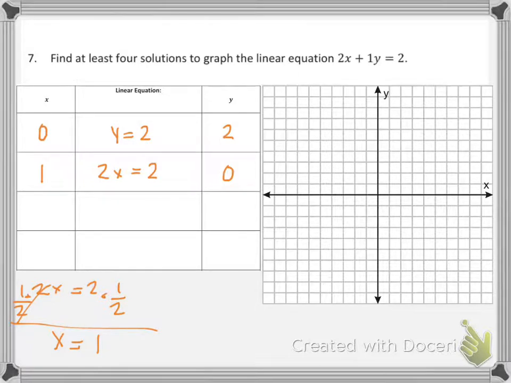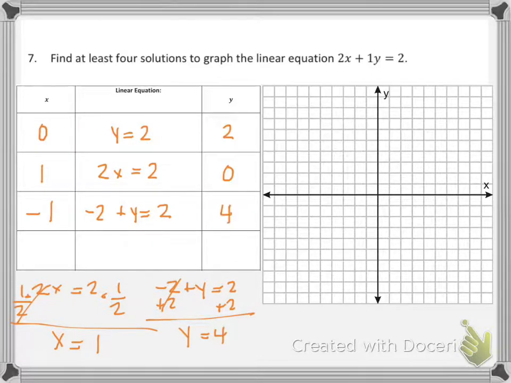And let's put a -1 in for x. See what happens. 2 times -1 is -2, plus y equals 2. So -2 plus y equals 2. I would have to add 2 to both sides, and that would get me y equals 4. Okay, there's another ordered pair.